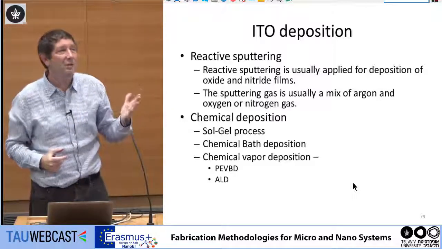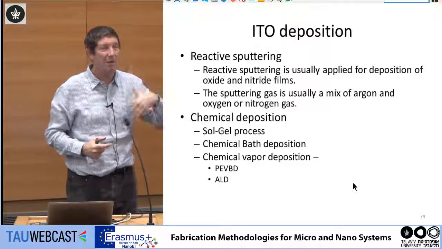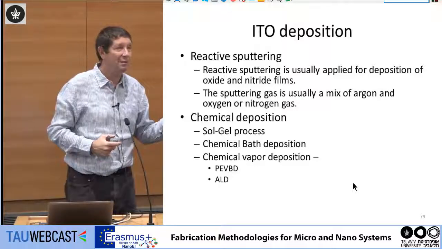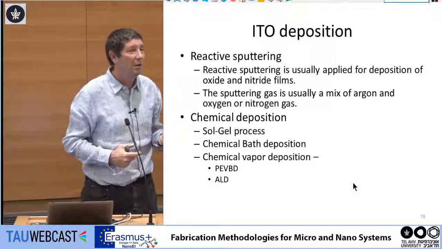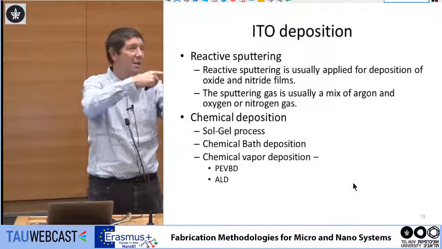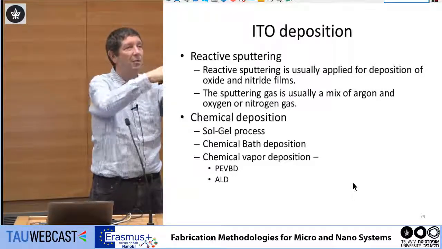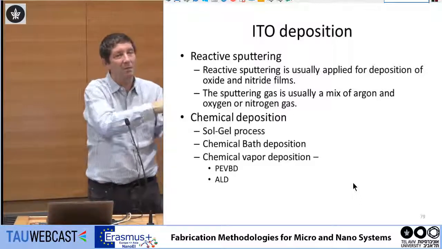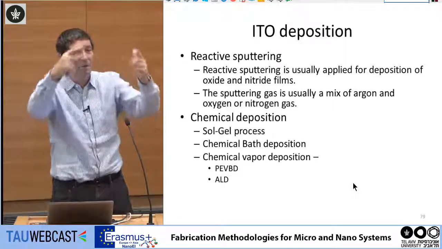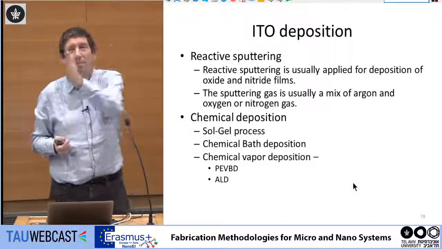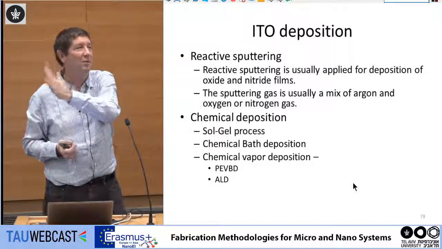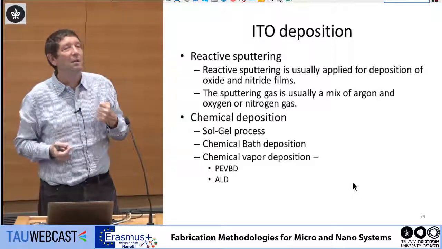But let's imagine that the gas, instead of being inert gas during the sputtering, I introduce a little bit of oxygen into the chamber. So the target, which is indium, is being bombarded, and then indium is sputtered, but in the volume of the chamber there is oxygen. So what is being deposited is not indium, it's indium oxide. This is called reactive sputtering.